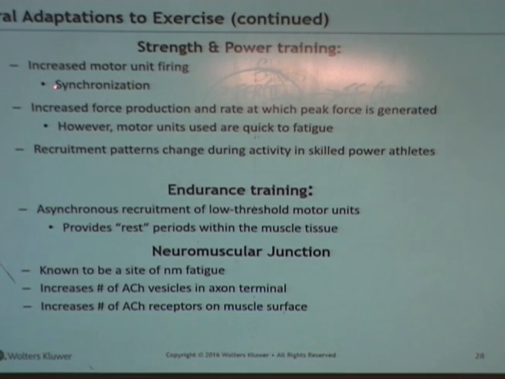So we see this increased motor unit firing. We see synchronization of motor unit firing, right? So I fire more motor units at the same time, and that generates more force within the muscle.